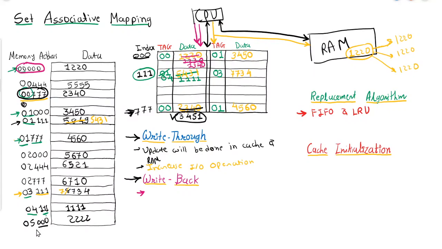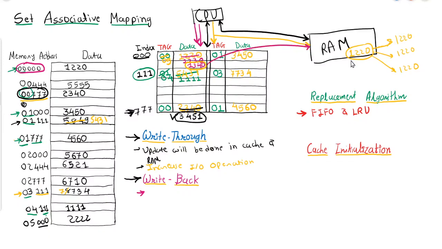Now let's get back to the topic again. The CPU wants to store this data into the cache memory. So what will the CPU do? It will override the tag 05, and at this time this 1340 will be reflected into RAM.